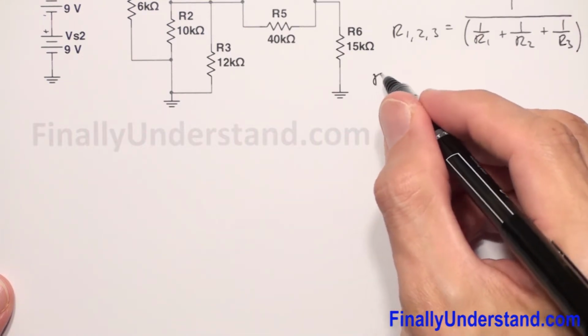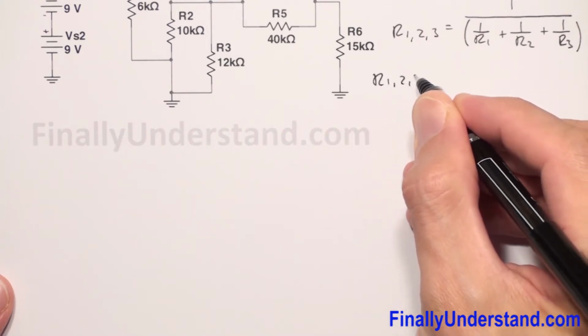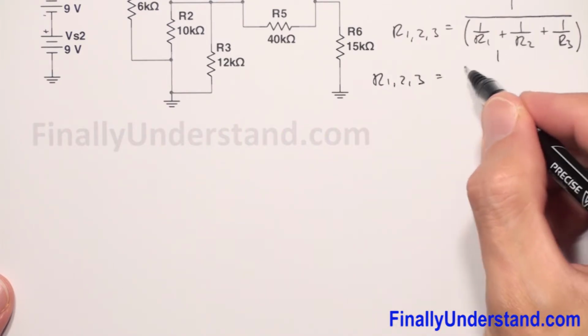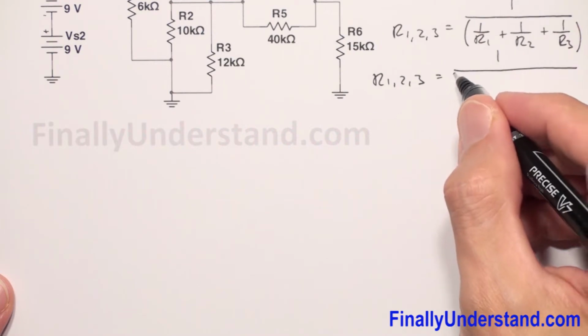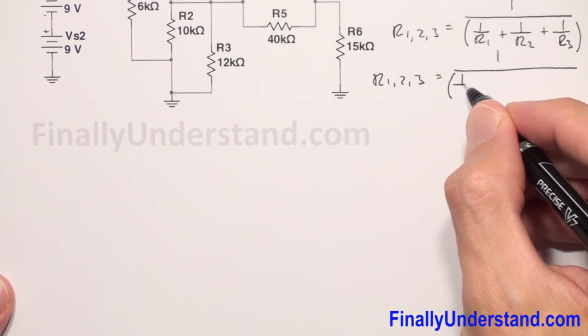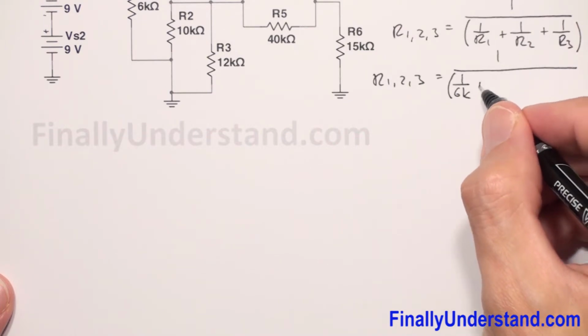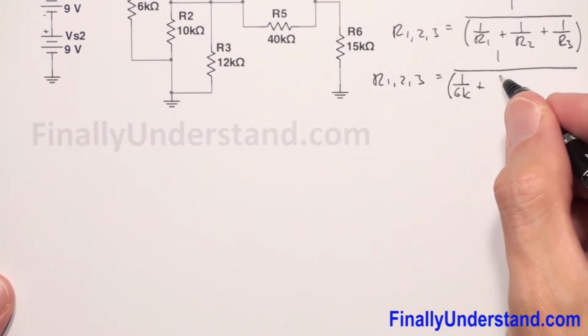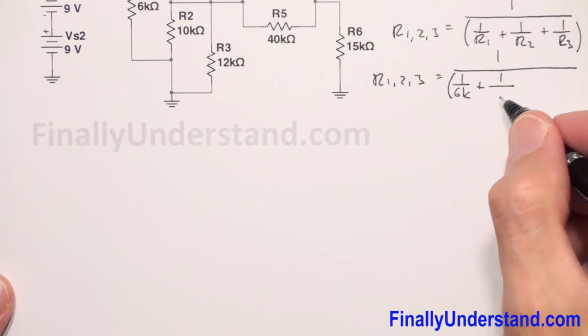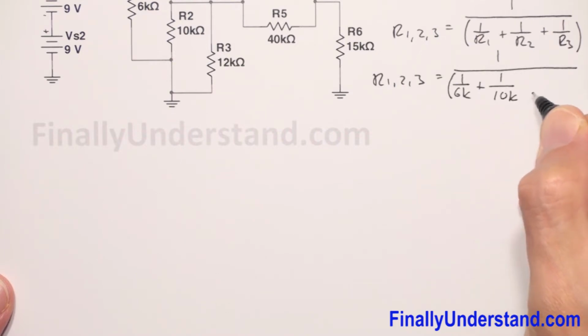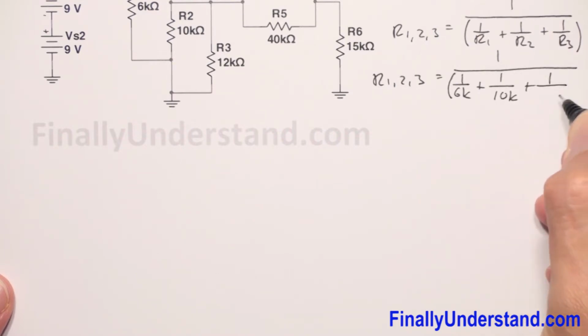So my R1,2,3 is equal to 1 divided by, open parenthesis, 1 divided by 6K plus 1 divided by 10K plus 1 divided by 12K.